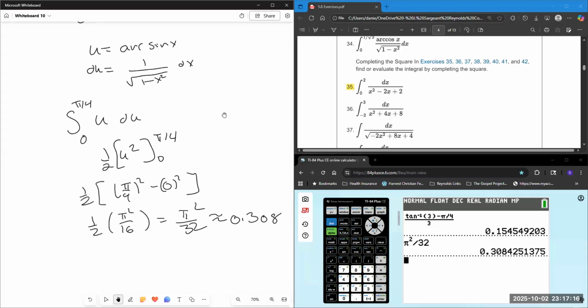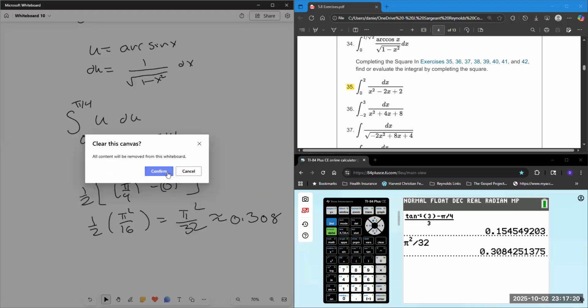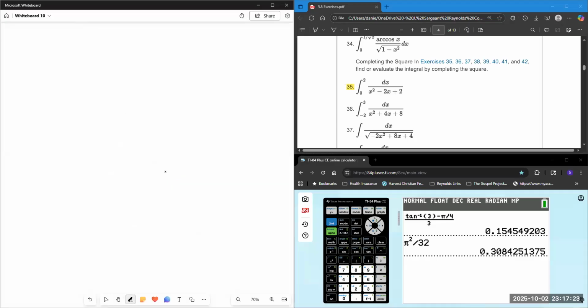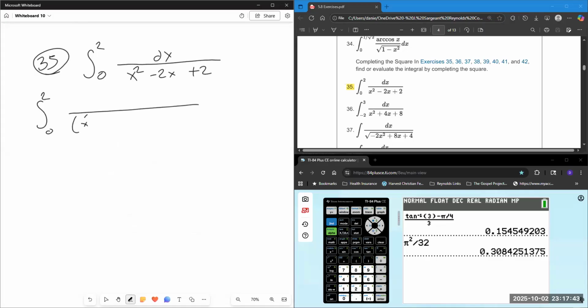Moving on to 35. We many times have to complete the square to get this in the form that we want. More of that when we do some of this in other sections, but for right now, let's try to complete the square here with x squared minus 2x, having the plus 2 down here.